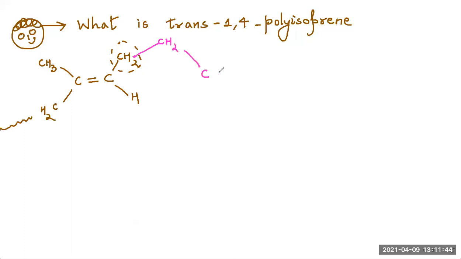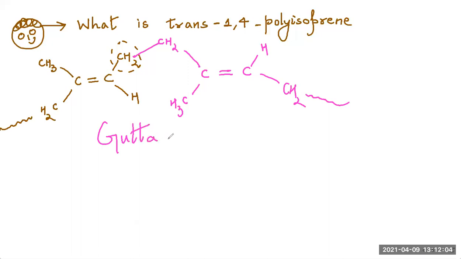Is that clear? Yes, ma'am. Then here you can take CH3 and here you can take H and here you can take CH2. And then again, what is this? Gutta percha.